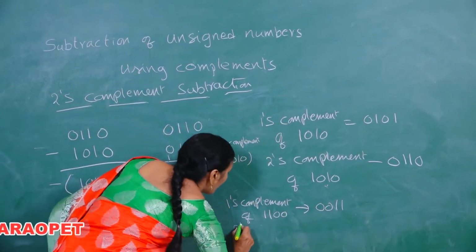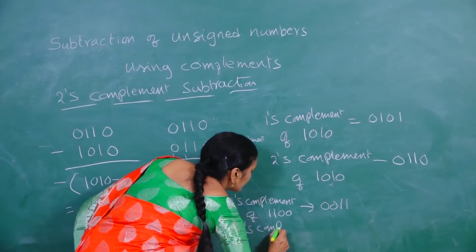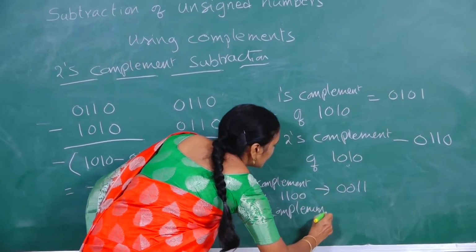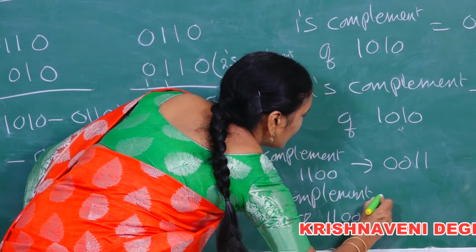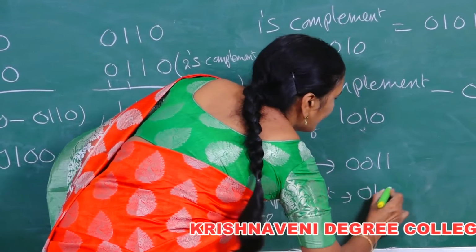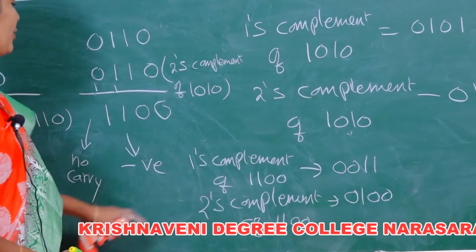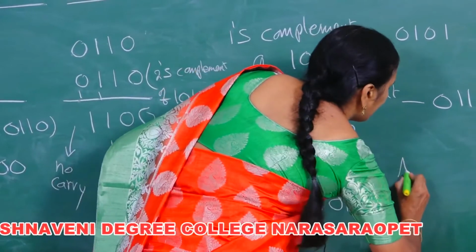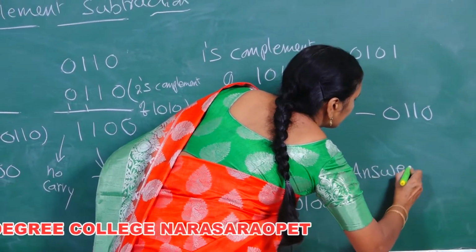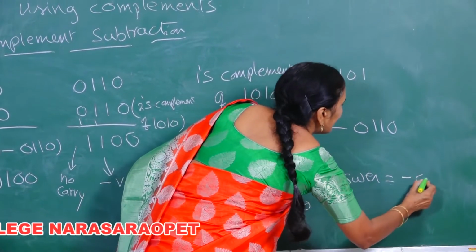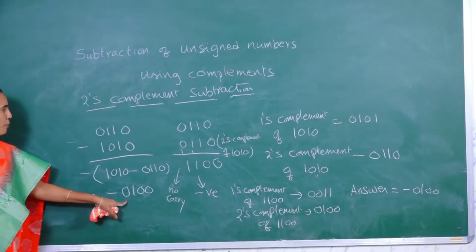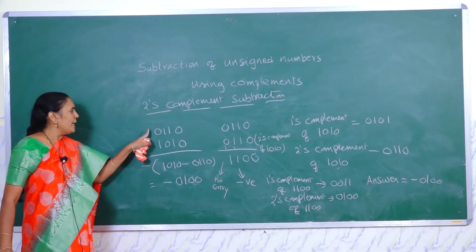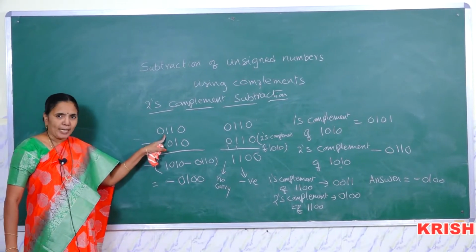Next, 2's complement of 1100 will be 0100. As we have recomplemented, the answer will be minus 0100, which is the same that we have obtained during the normal binary subtraction.